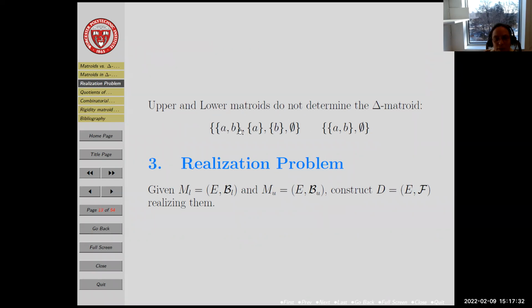Then the upper matroid is AB and the lower matroid is the empty set. And apparently that's another delta-matroid, and they have the same upper and lower matroid, but they're not identical. So what we want to do is, given an upper matroid and a lower matroid, can we construct a delta-matroid which has the given matroids as the upper and lower matroid?